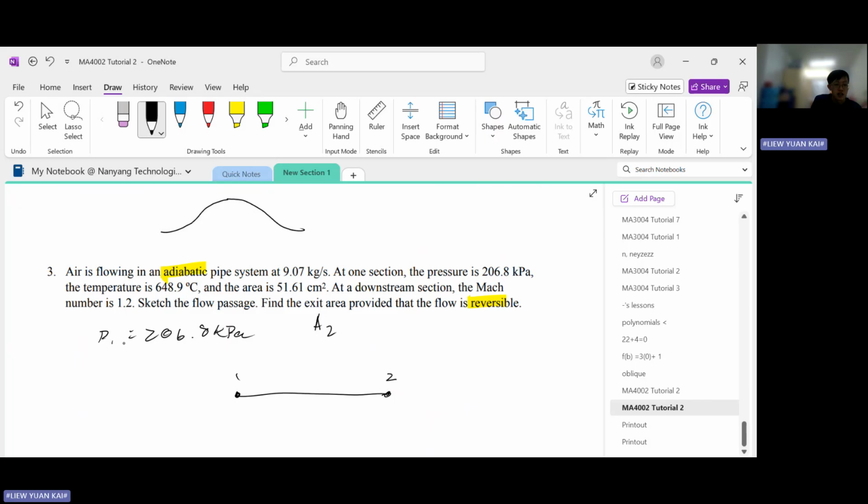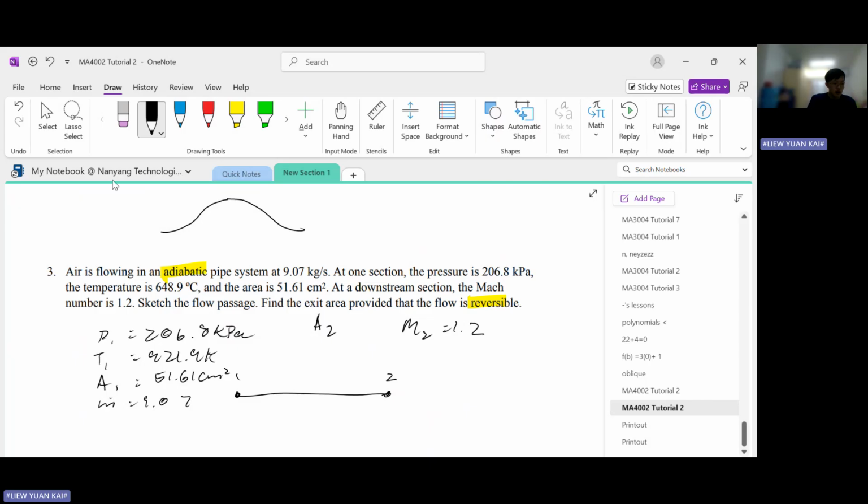Again, don't forget to change temperature to Kelvin. And then they tell us Mach number is 1.2 here.